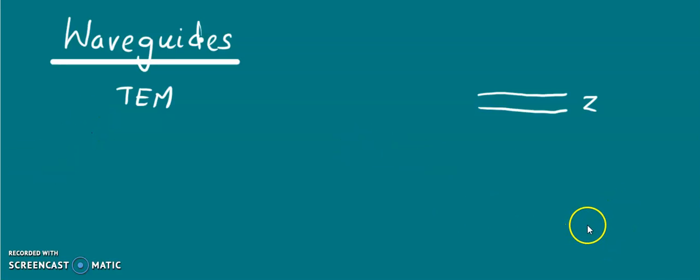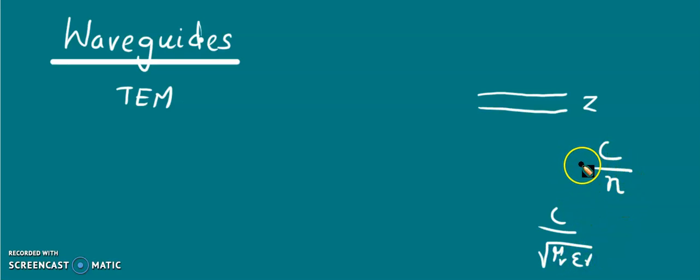So we know that in an unbounded dielectric medium, the velocity of propagation of a transverse electromagnetic wave is equal to c divided by the refractive index of that medium. So similarly, in the case of the transmission line also, the velocity of propagation of the transverse electromagnetic wave is equal to c divided by n, or c divided by root mu r epsilon r. c is 1 over root mu 0 epsilon 0, or this can be also written as 1 divided by root mu epsilon.